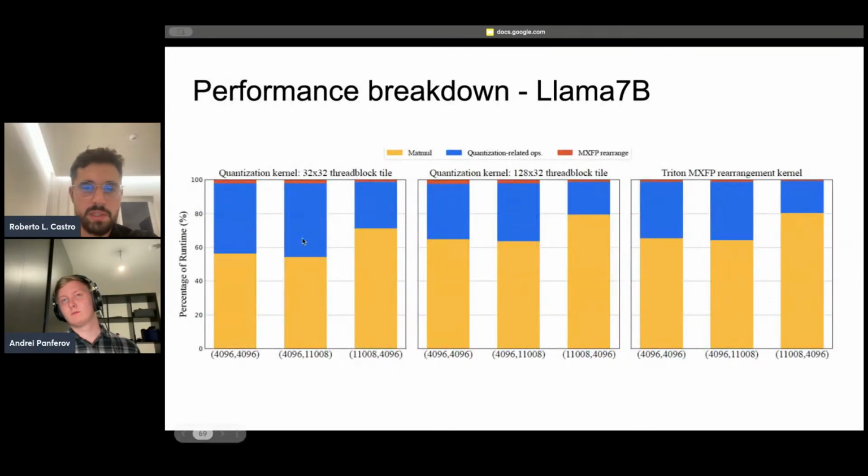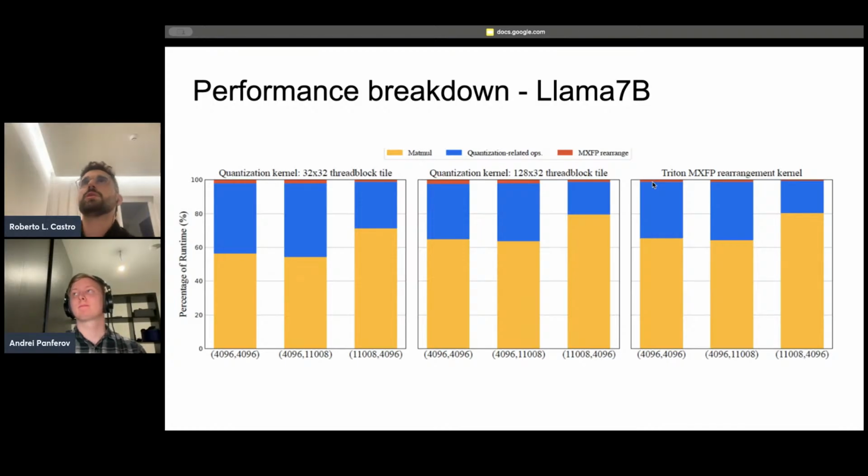And so that's the reason why we increase the performance from this first figure to this second one. And the third one is just adding a Triton MXFP4 rearrangement kernel instead of a PyTorch level method. But actually this rearrangement function, as you can see, already represents a minor percentage of the total runtime.